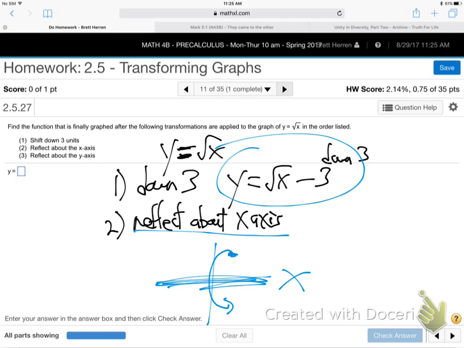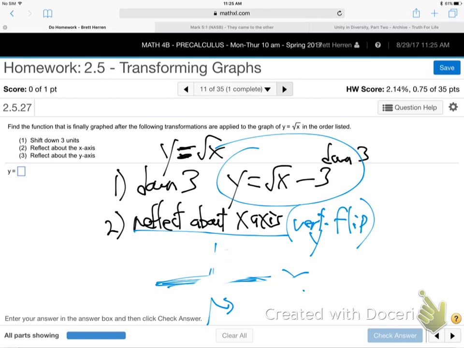It's a vertical flip, isn't it? Reflecting about the x-axis is really a y effect. It's a vertical, or y, flip. So take that equation and make a vertical flip.